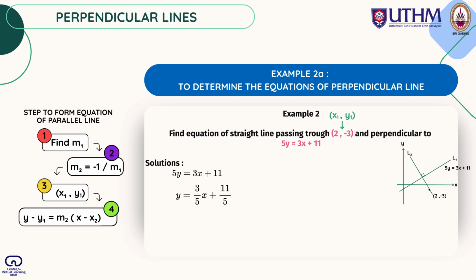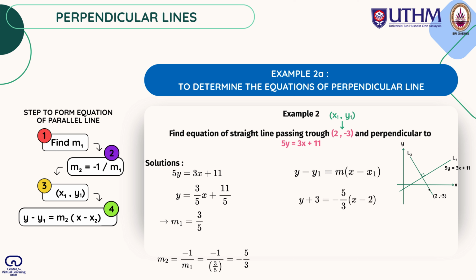This gives us m1 equals 3 over 5 and m2 equals -5 over 3. Using point slope, y plus 3 equals -5 over 3 times x minus 2, and solving the equation gives us the perpendicular line y equals negative 5 over 3 x plus 1 over 3.